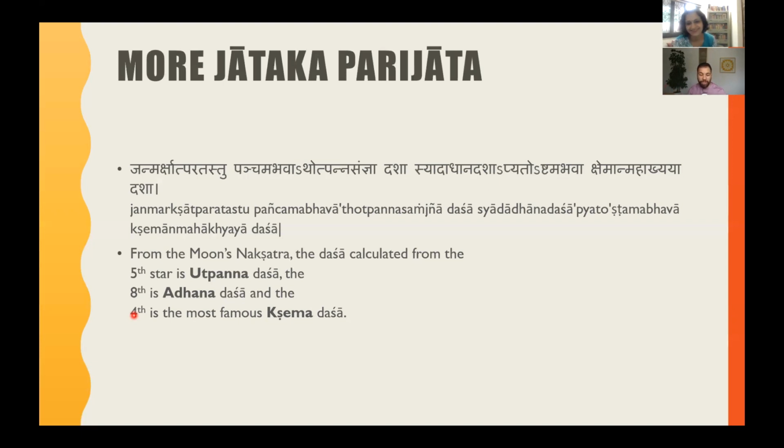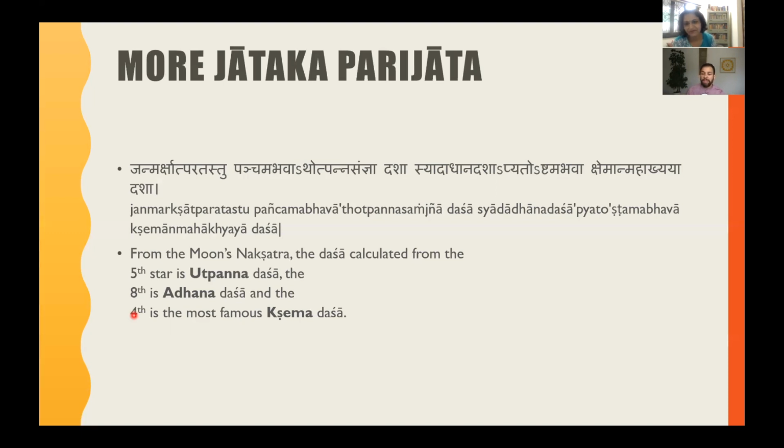Now, if you have a good software, there are very nice ones. Sri Jyoti Star is what I use. Jagannath Hora is also very solid in this. You can simply choose under the dasha options, I want to calculate this from another star, another nakshatra. You can even calculate from different planets in these softwares. But then you will choose, I want to calculate from Utpana, from Kshema, from Adana, or plain moon and moon's Janma nakshatra.